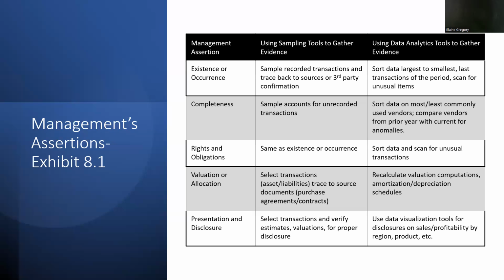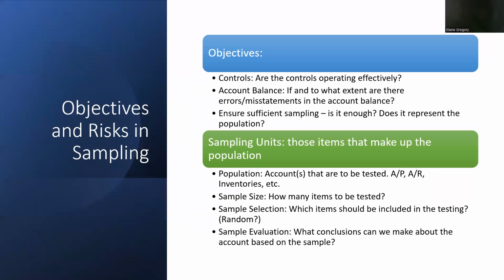You can recalculate the valuation computations. And you can look at disclosures on sales and profitability by region or product. So we want to always think about management's assertions as we are approaching our sampling.